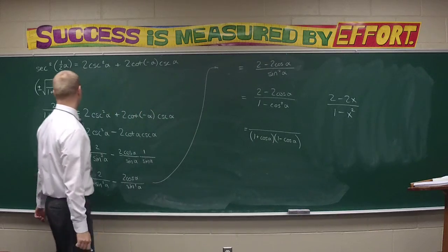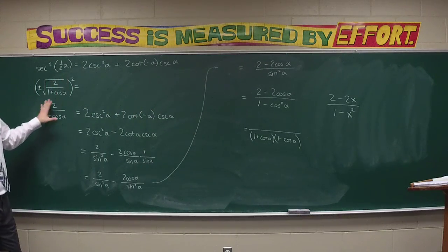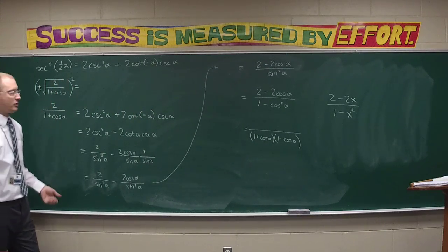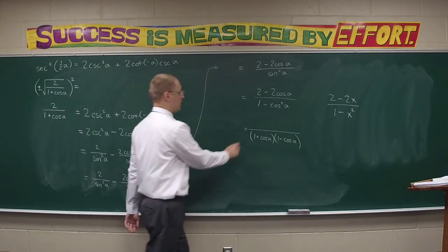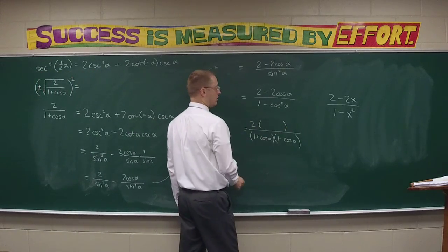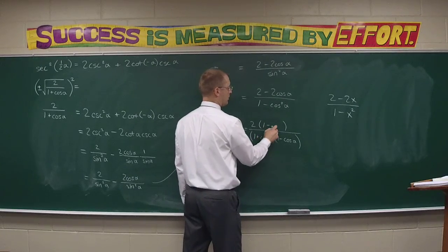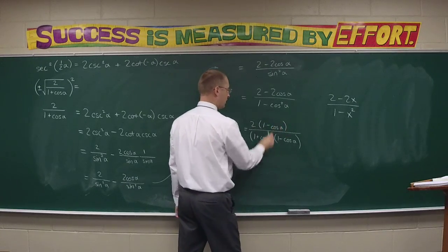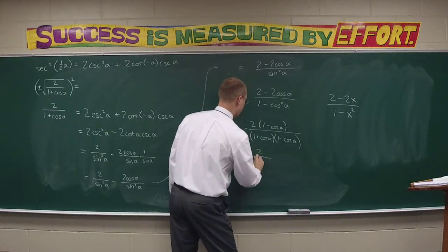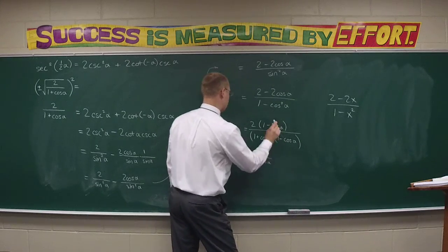By the way, that's one of the reasons why I wanted to go to sines and cosines, because on the other side I just have cosine. So pull out a 2 on the top. That'd be 1 minus cosine alpha, and then you can cancel the 1 minus cosine alpha. Then you've got 2 over 1 plus cosine, and that's what you wanted.